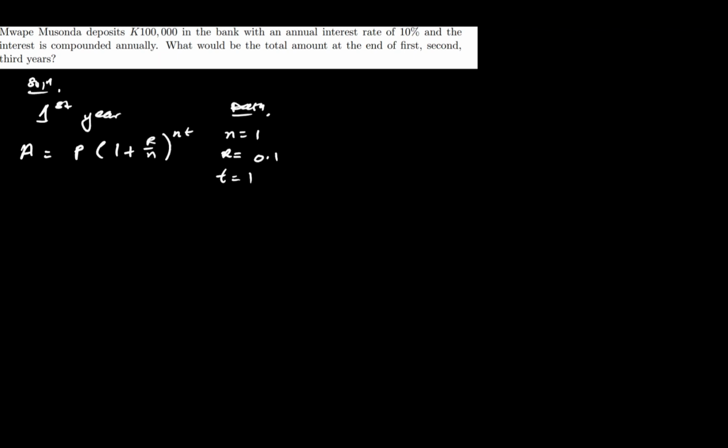So we're basically going to have S sub 1 being equal to the principal amount, which is 100,000 kwacha, times 1 plus the rate, which is 0.1, over 1, to the power 1.